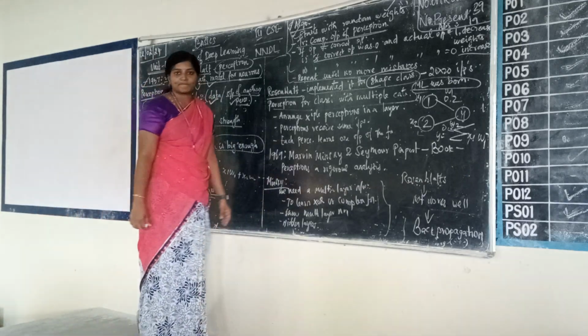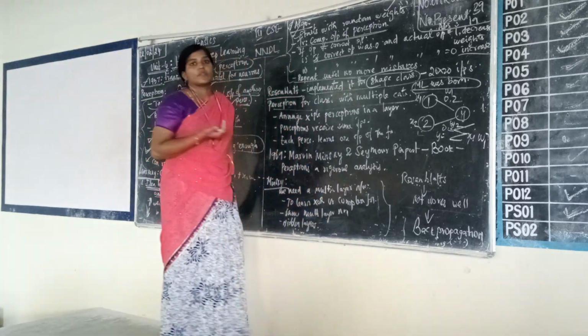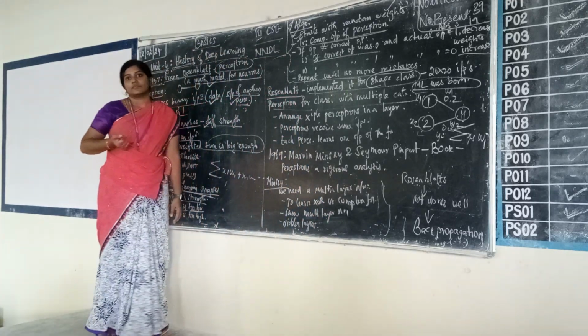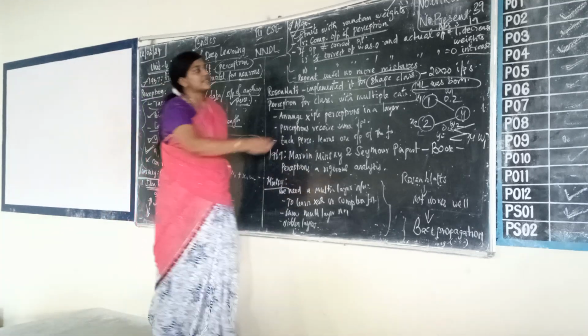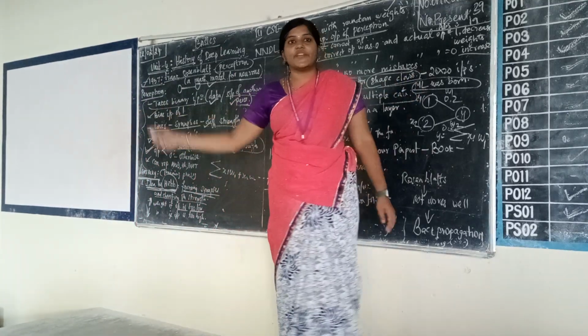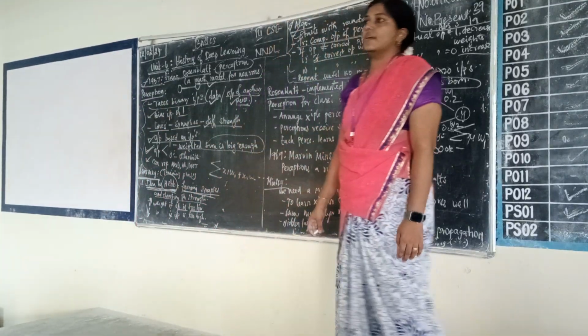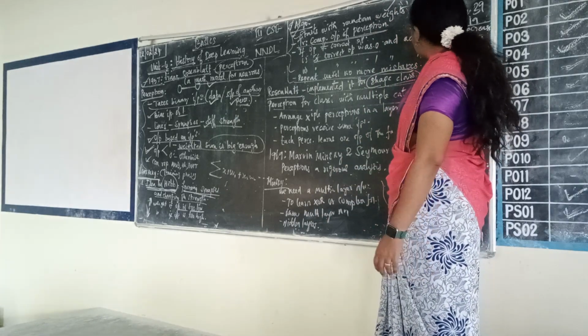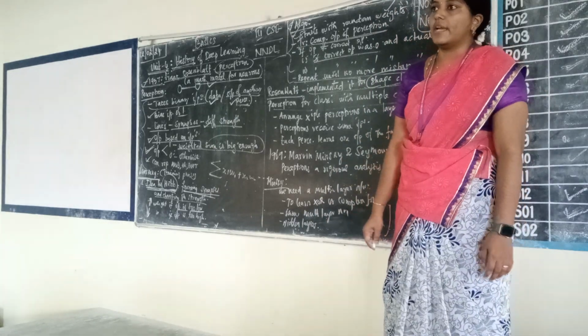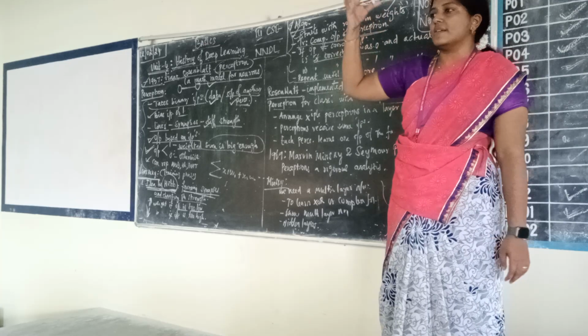Got it? Here, the first implementation was for classification of shapes, so that machine learning was initiated. Okay. So we have seen about the perceptron, right?